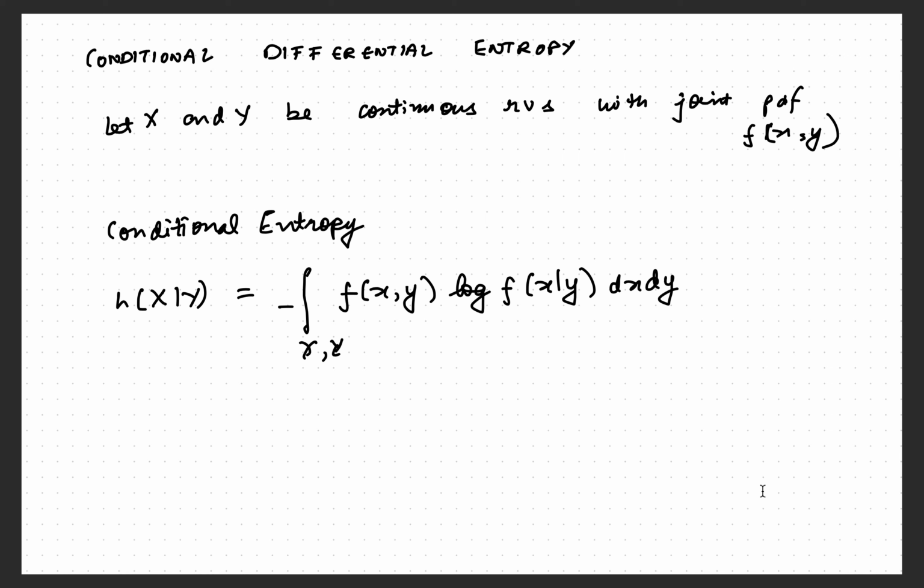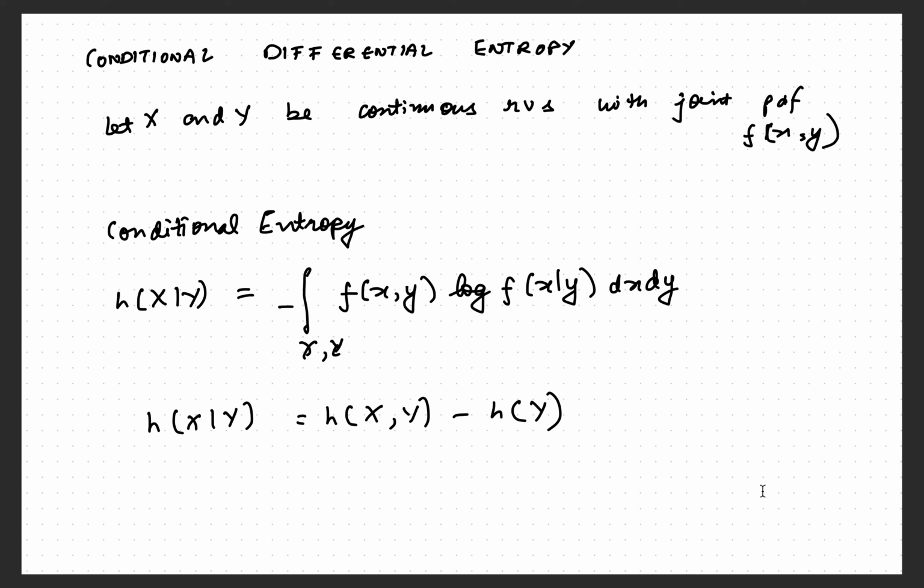Then the conditional entropy of x given y is the negative integration over the support of x and y of f(x,y), which is the joint PDF, times the logarithm of the conditional PDF, or the conditional distribution, of x given y. And as we had shown for the discrete random variable case, we can write h of x given y to be h of x comma y, which is the entropy of the joint, minus the entropy of the random variable y.